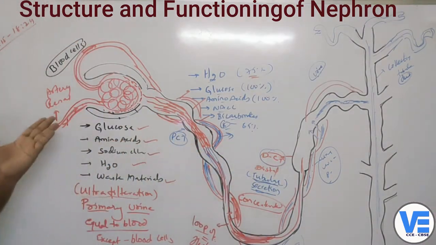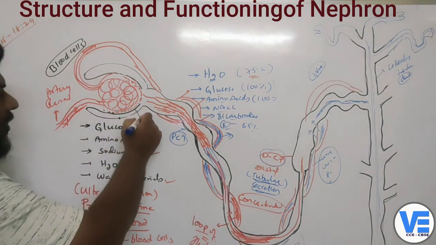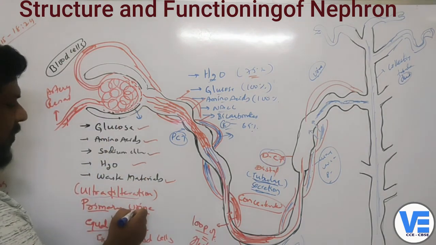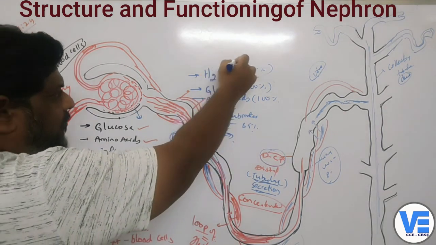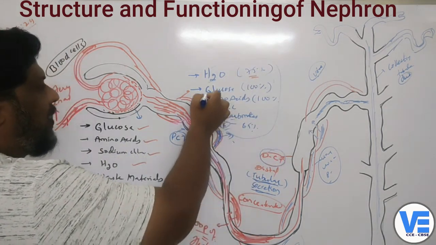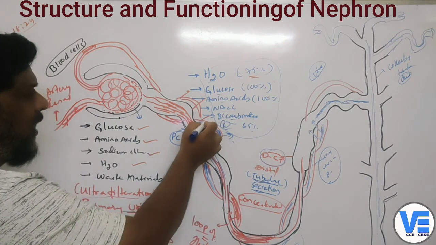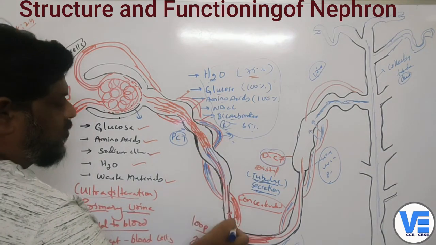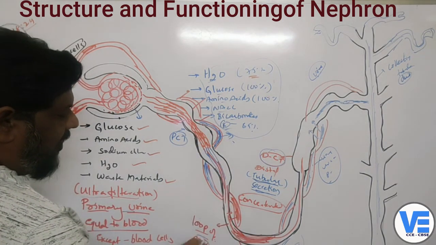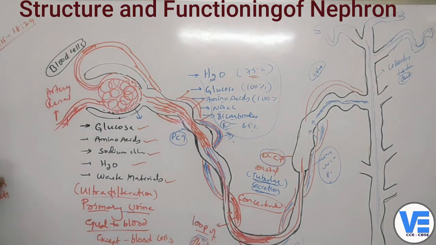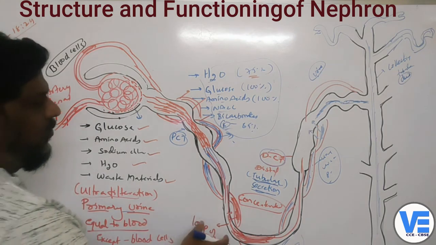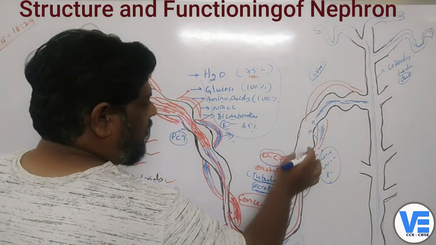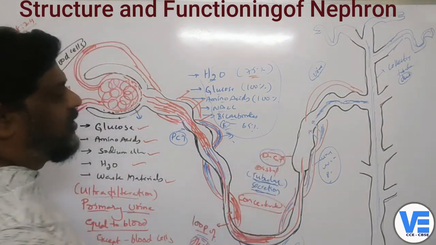So hardly what you will remember is glomerular filtration, that is the ultrafiltration. Primary urine goes to the PCT and reabsorbs all the required materials into the blood, and then it goes to the loop of Henle, where concentration of the urine takes place, that is, water is removed here. Then it goes to the DCT, the distal convoluted tubule.